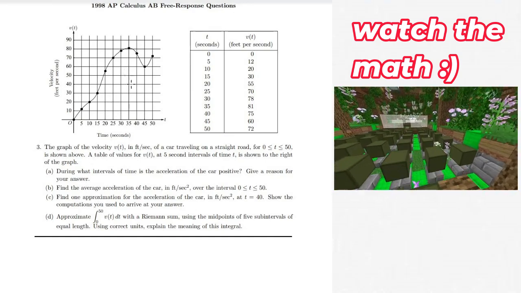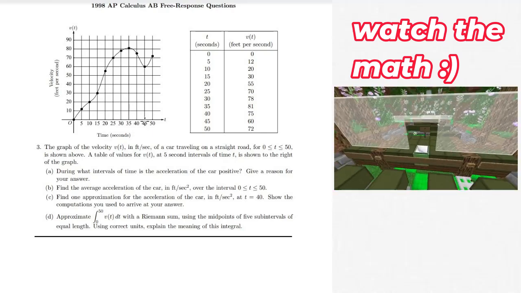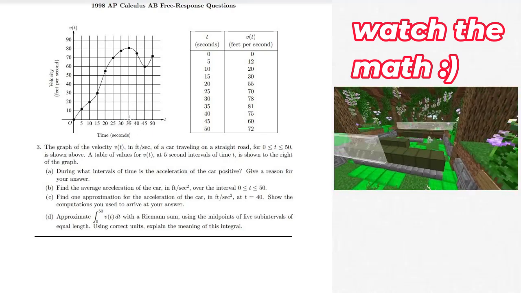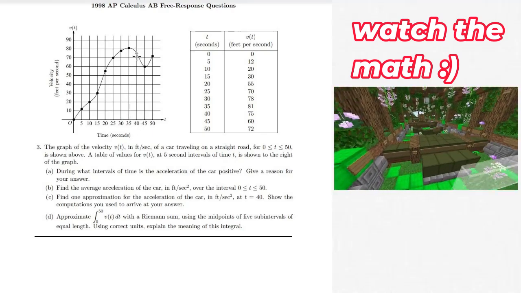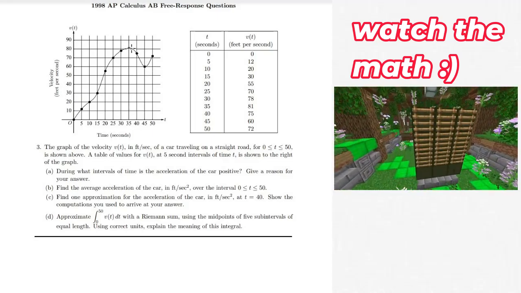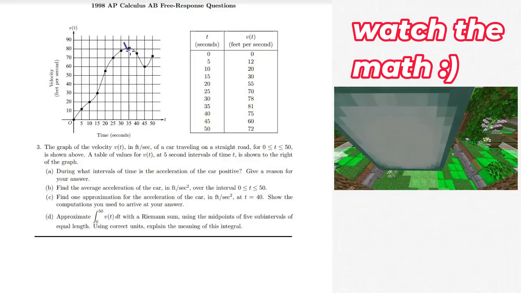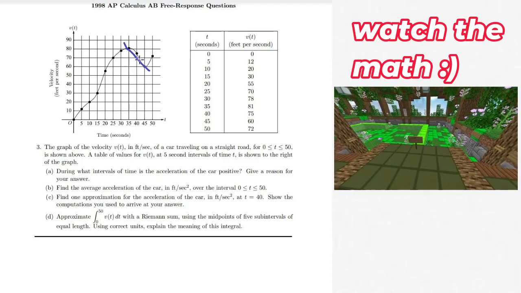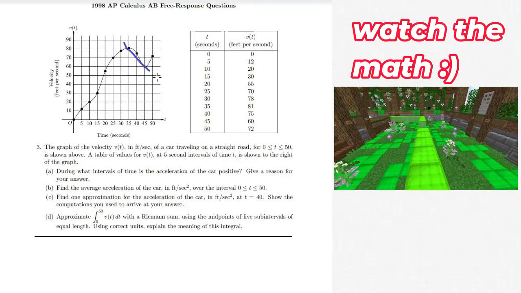And the way I'm going to do it is I'm going to take T45 and T35 since we're trying to find 40. And that time is in the midpoint of it, and it will give us, if you think about a tangent here, an okay approximation.